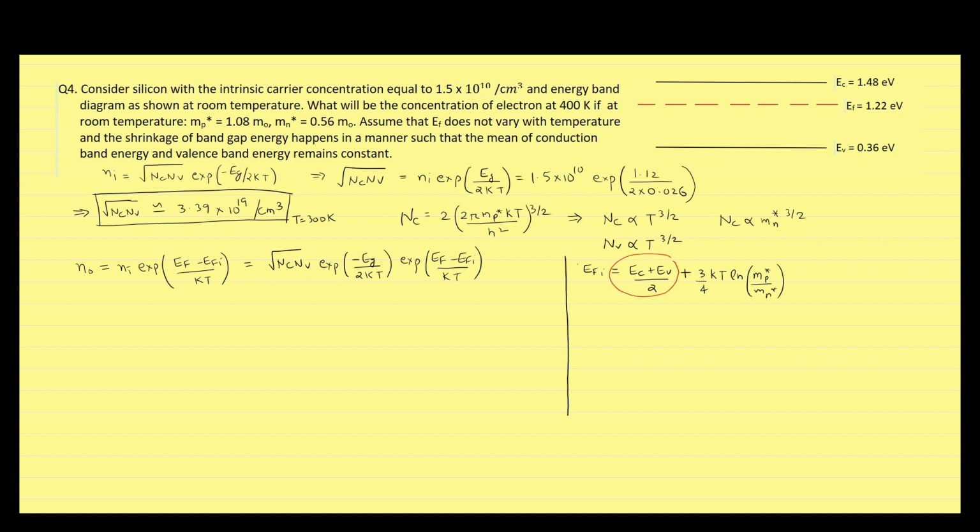So, intrinsic Fermi energy level at 400 Kelvin will be equal to 1.48 plus 0.36 divided by 2 plus 3/4 into 0.026 divided by 300 multiplied by 400 into natural logarithm of 1.08 m naught divided by 0.56 m naught.